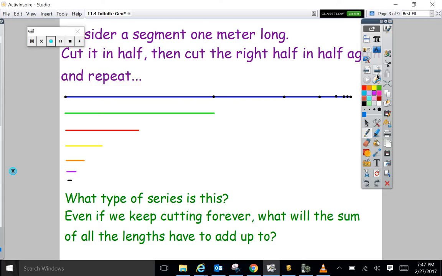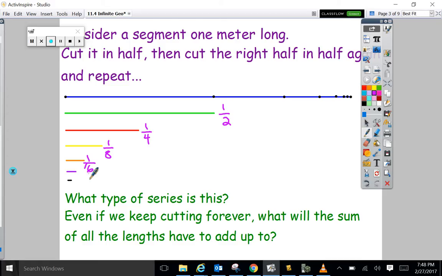Well, first of all, let's think about this. If the blue is 1 meter long, then the green would be 1/2 meter long. Then half of that would be 1/4 meter long, and half of that would be 1/8 of a meter long, and half of that would be 1/16 of a meter long, and so forth. So what type of series is this? You're starting at 1, going to 1/2, to 1/4, to 1/8, to 1/16.